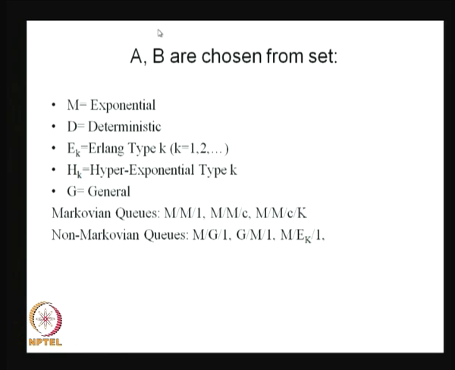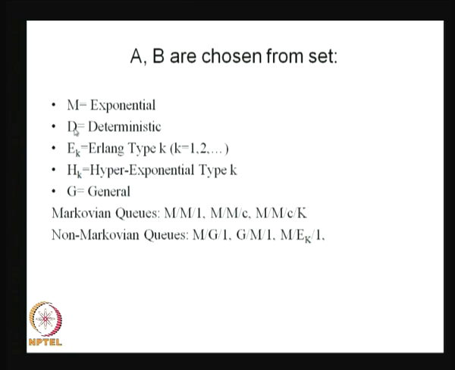Even though it is exponentially distributed, we use the letter M because the exponential distribution satisfies the memoryless property or Markovian property. So whenever you write M in the place of A or the second place B, that means the inter-arrival time or service time is exponentially distributed respectively.